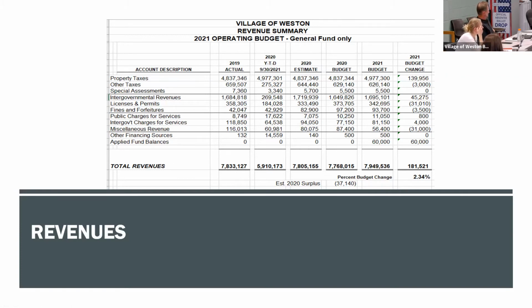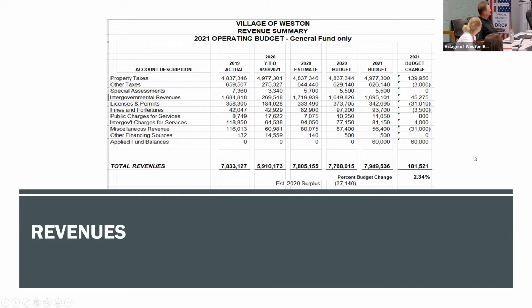The special assessments line is revenue we collect from title companies when they call and ask if there's any balances owed by these properties. We charge a fee for that, and that's the dollar amount. So it definitely depends upon how house sales are for the year in that line.